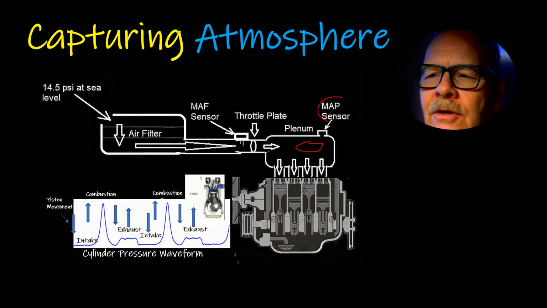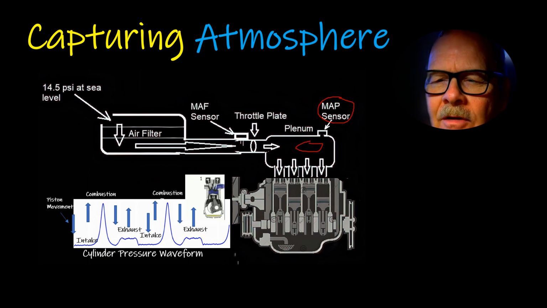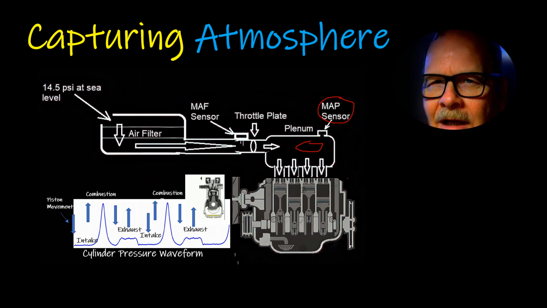Manifold absolute pressure is technically vacuum. If you're going to split barometric pressure, you're going to split it between vacuum and manifold pressure. So if you look at manifold absolute pressure and vacuum and you add those two numbers together, you're typically going to get whatever the atmospheric pressure is on that given day, which varies from day to day.